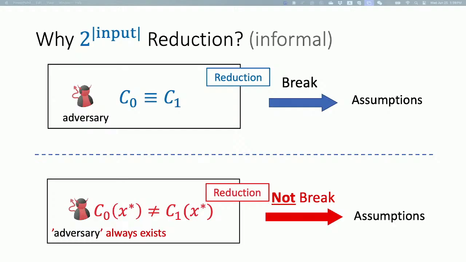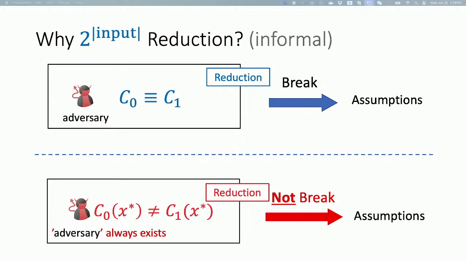However, if we consider another case, let's consider an adversary who chooses two programs, C0 and C1, which differ at some input point x star. Then the reduction algorithm shouldn't break the underlying assumption given this adversary. The reason is that such an adversary always exists in polynomial time.